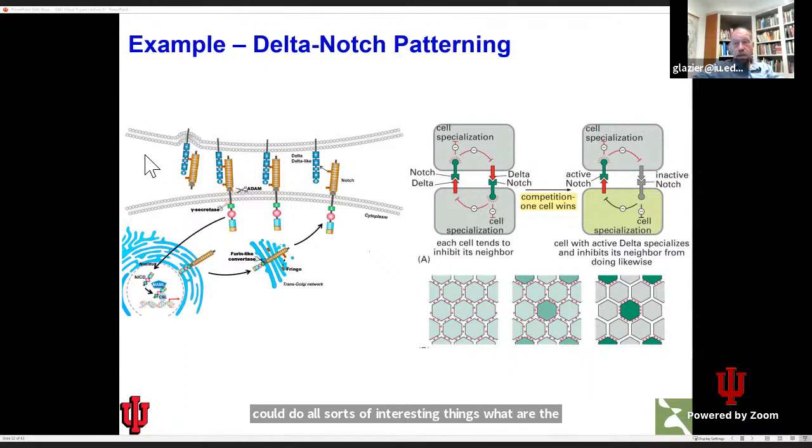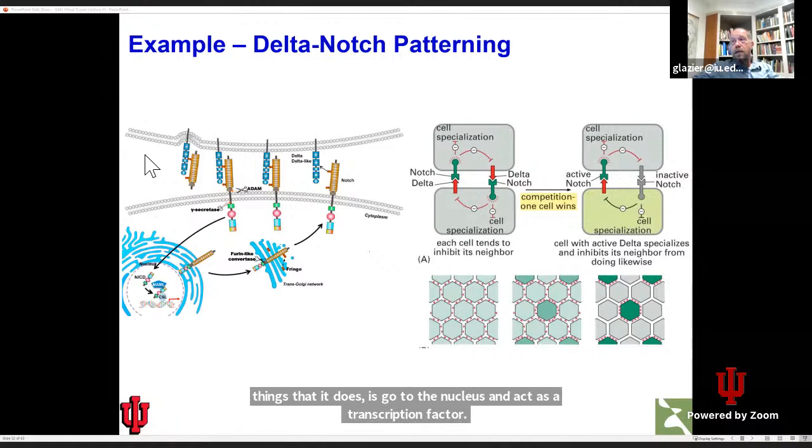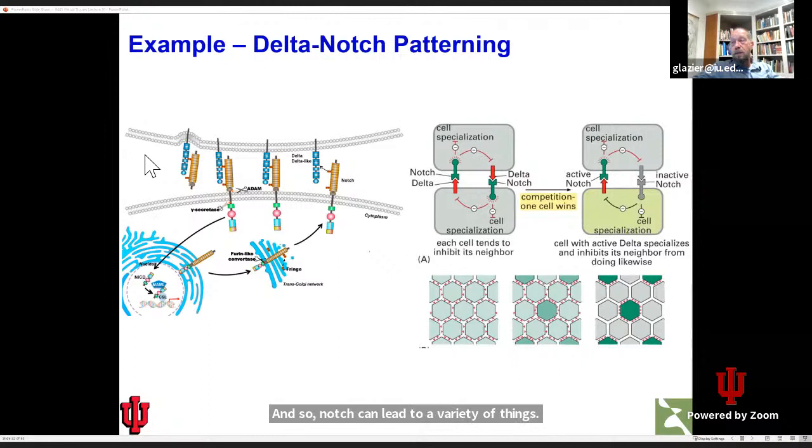One of the things that it does is go to the nucleus and act as a transcription factor. And so notch can lead to a variety of things. In particular, it could lead to either cell differentiation or cell proliferation.